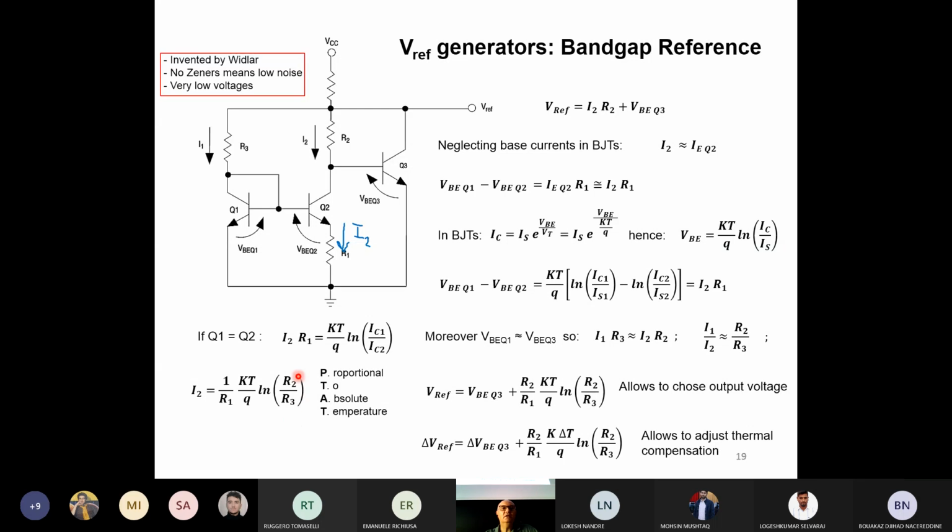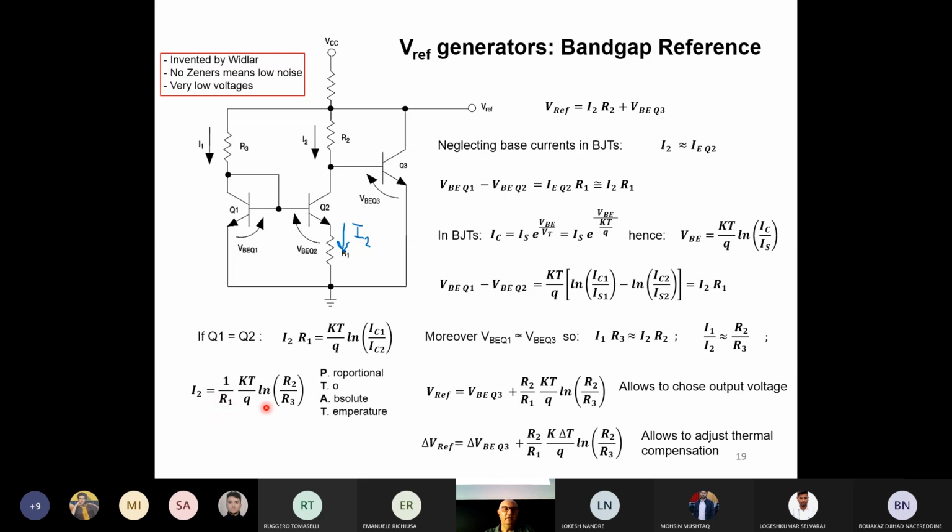Not only that, this constant R2 over R3 must be larger than 1. R2 must be bigger than R3. Otherwise, we'll get a negative logarithm, and so we'll get a negative current, which is not very nice. So that's one more reason for having this resistance R2 larger than R3. It must be like this in our design.